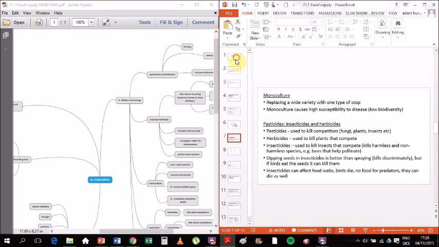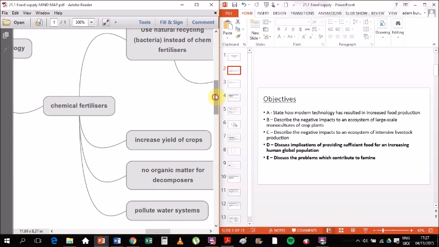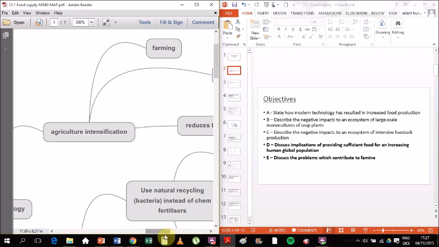The first few objectives are here, and the first one is to state how modern technology, the things that we do these days as a result of having better technology, results in an increased food production for us, not the ecosystems. So I've summarized that here, okay?